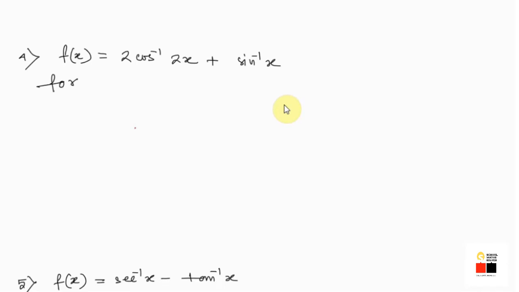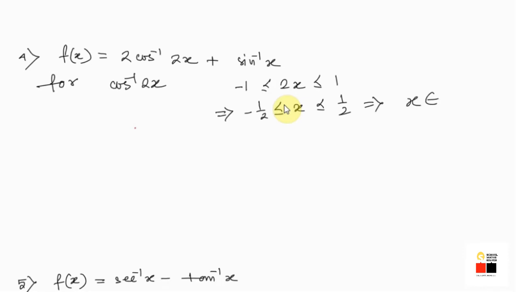For cos inverse 2x, minus 1 is less than or equal to 2x less than or equal to plus 1, so minus 1 by 2 less than or equal to x less than or equal to 1 by 2. This implies that x belongs to the closed interval minus 1 by 2 comma 1 by 2.